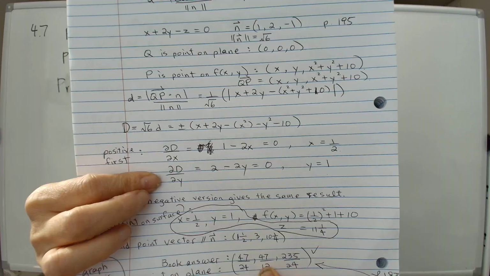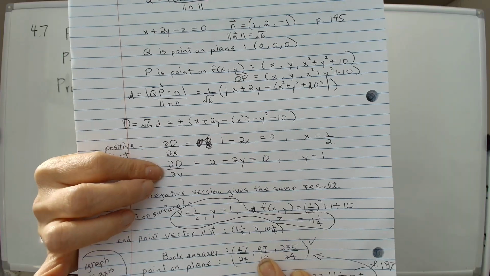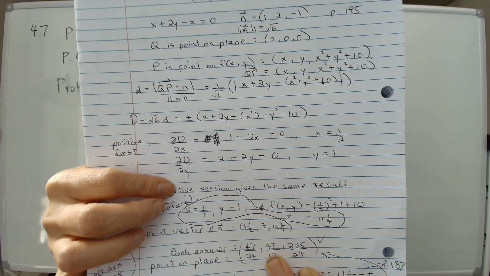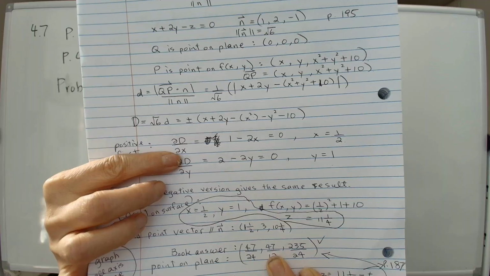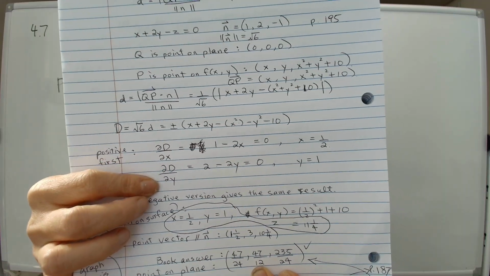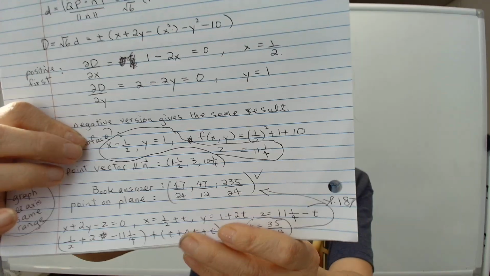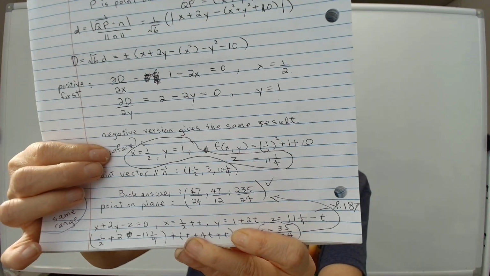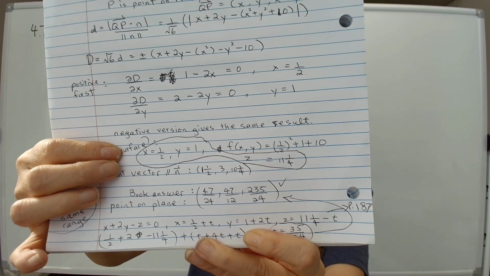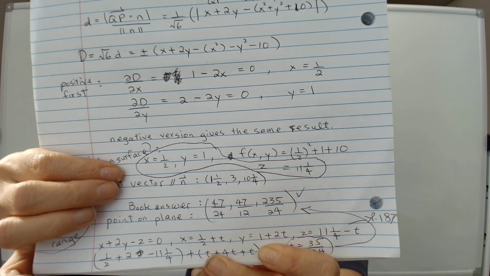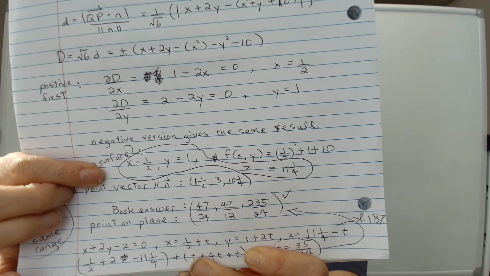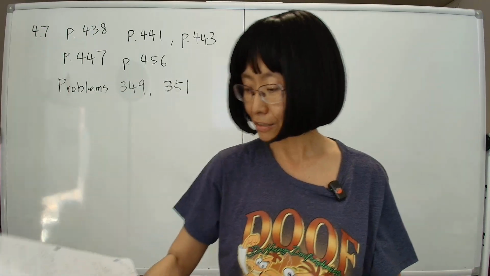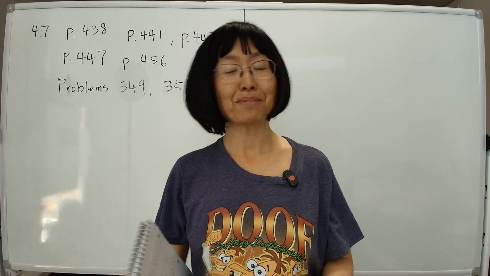So it makes no difference either way. Because it equals 0, either way x will be 1/2 and y equal to 1. And with that, you came up with the right answer. X is 1/2, y is 1, and then you plug into f of x, y and come out with z equals 11¼.